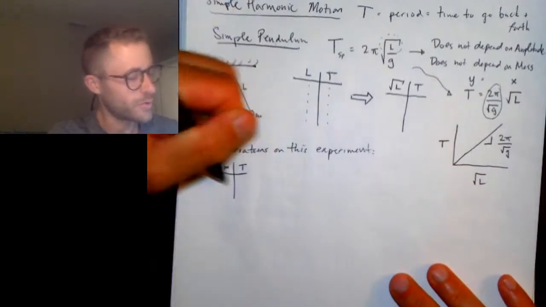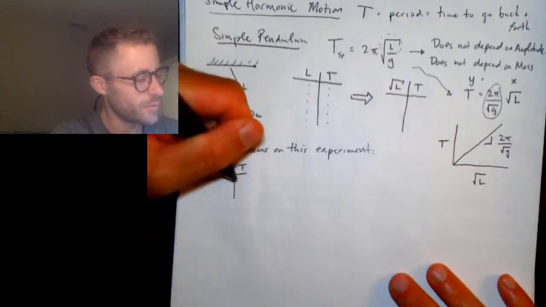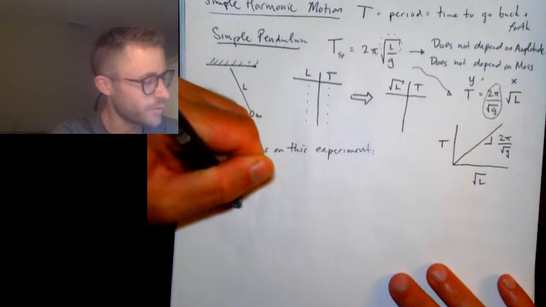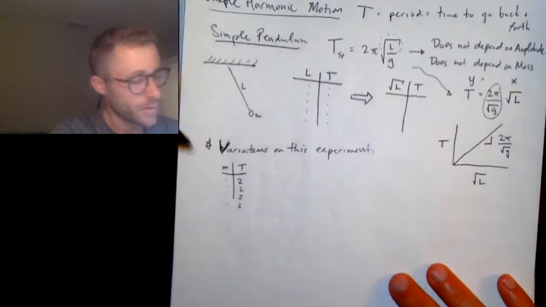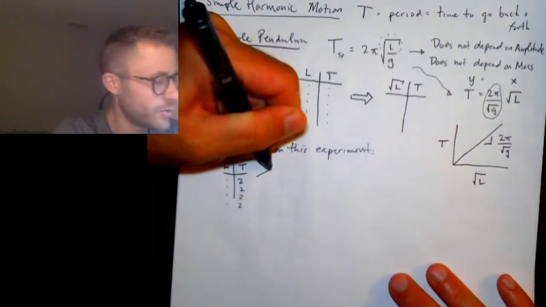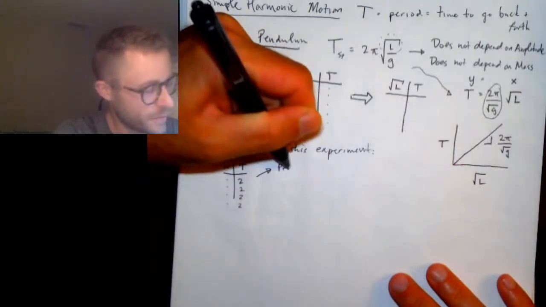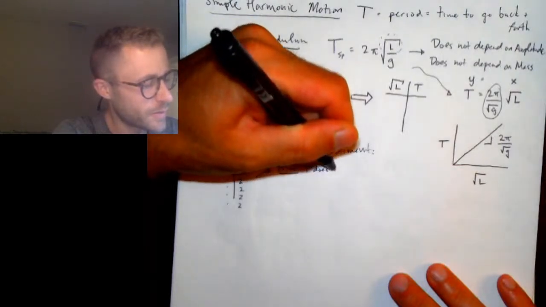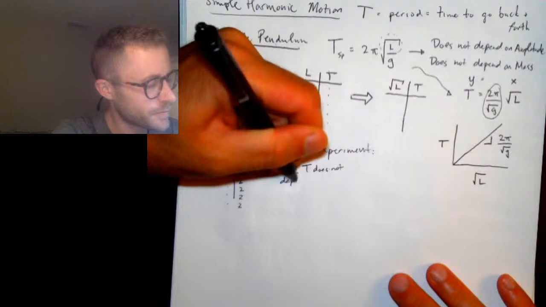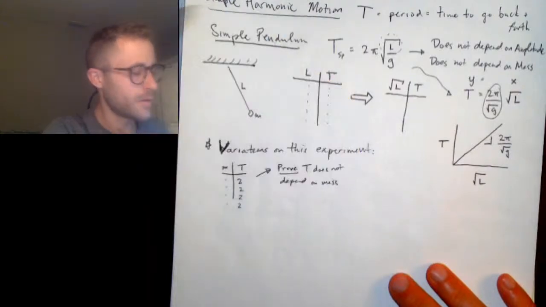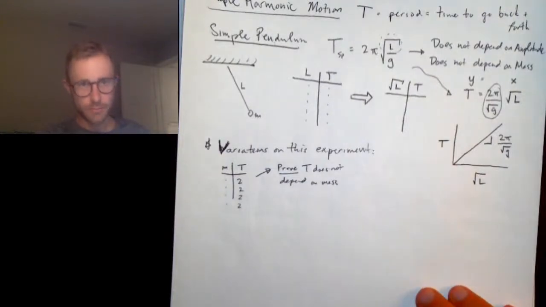For example, if you found that the period was 2 seconds, then it's going to be 2 seconds for every different mass. The idea behind this experiment is that you could prove period does not depend on mass.